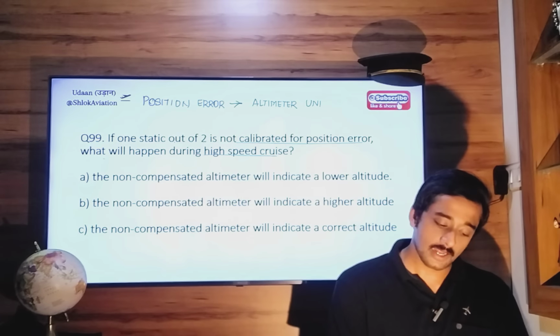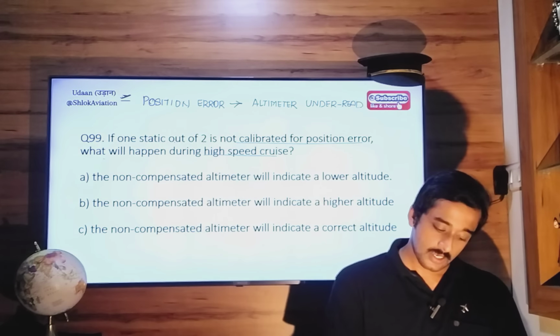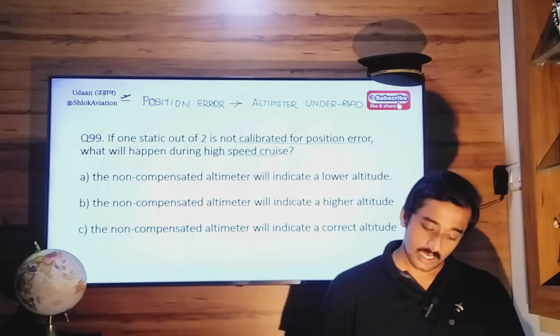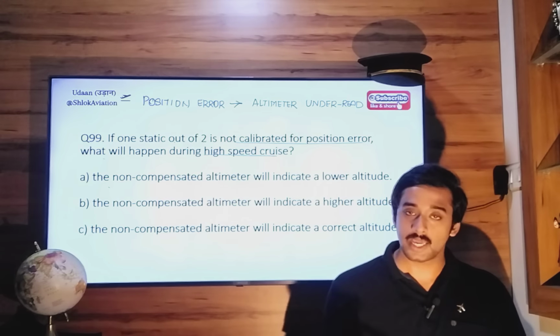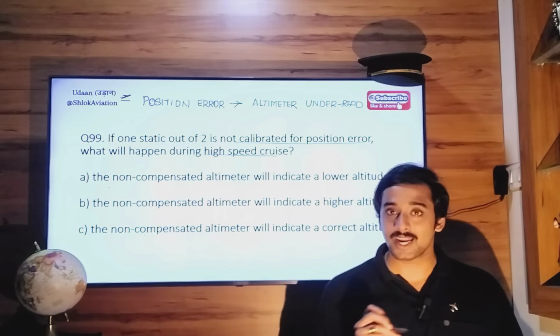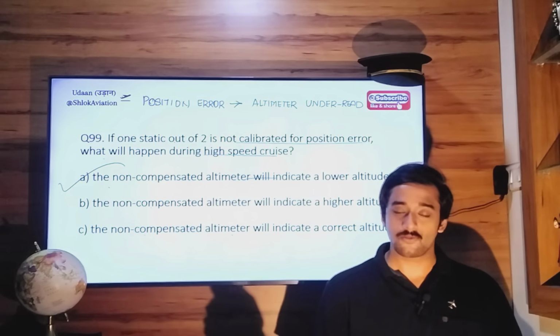Whenever there is position error, your altimeter will always under read. So the non-compensated altimeter will indicate a lower altitude. So correct answer is option Alpha. It will under read.